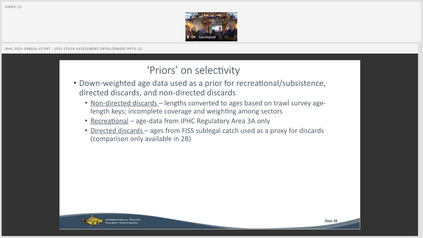We may have talked about this years ago, but have you compared that estimate of discards to what happens in 2B? Yeah, that's the one place we do have a comparison. They report the piece count of discards for every record. And so we have done that comparison, and I don't have the figure in front of me, but I present it most years to the 2B crowd because they are almost spot on.